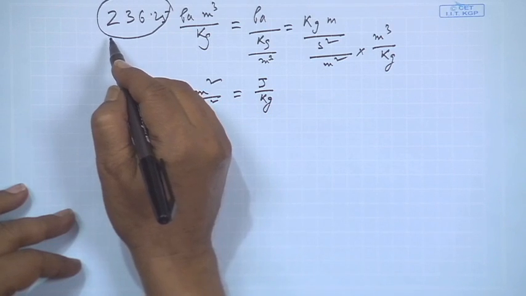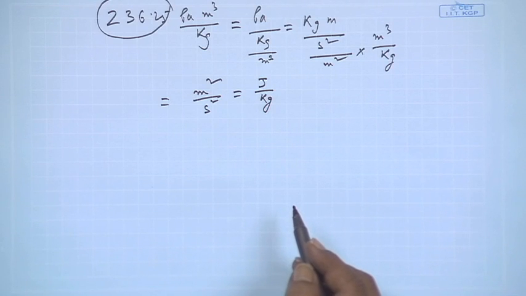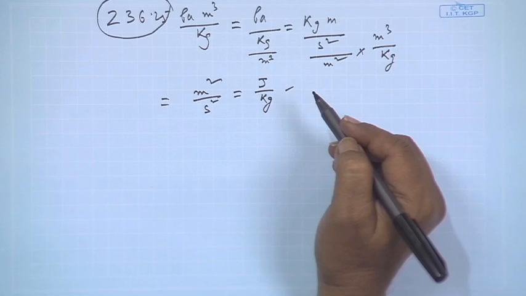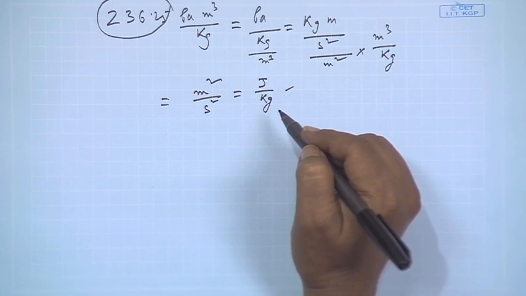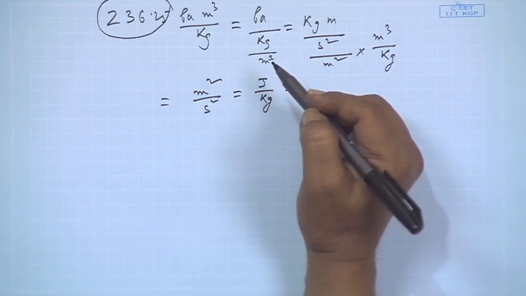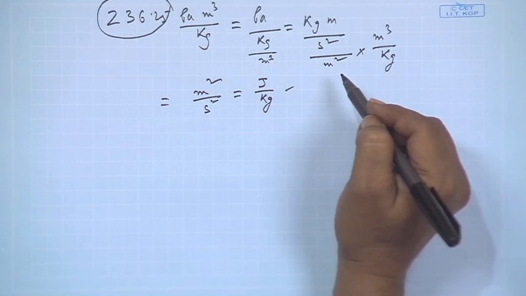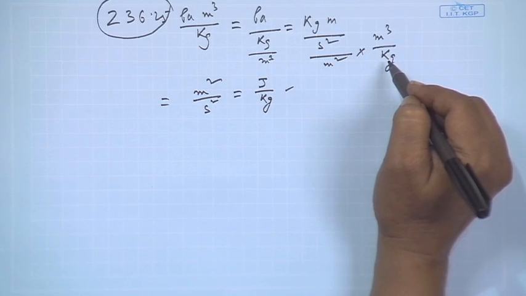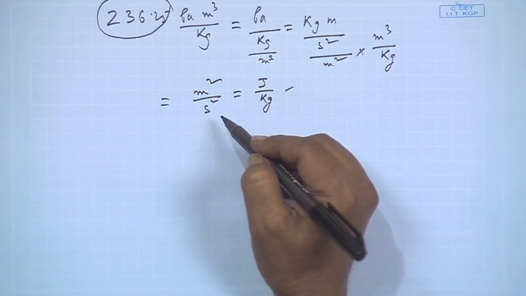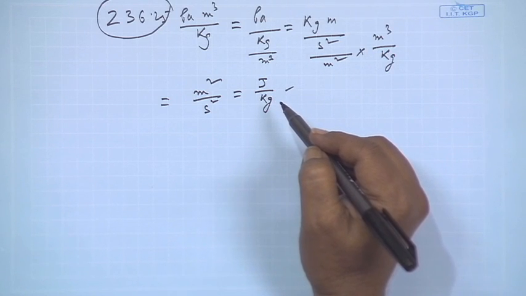And this meter square per second square is nothing but joules per kg. So, instead of Pascal meter cube per kg, we can write joules per kg, and the way it has been derived is through the definition of Pascal, right. So much kg meter per second square per unit meter square, times meter cube per kg. On simplification, this becomes meter square per second square, which is nothing but joules per kg.